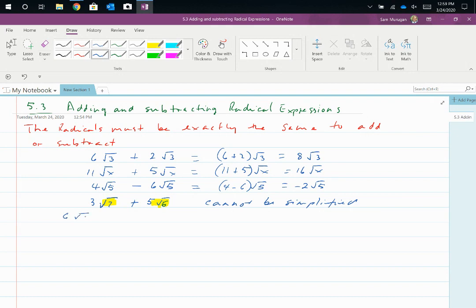6 square root 3 plus 2 square root 3 minus 11 square root 3.